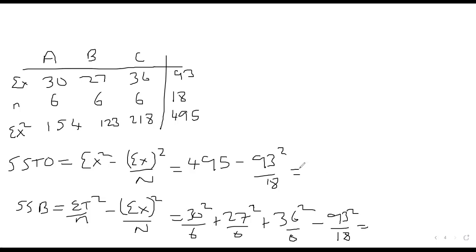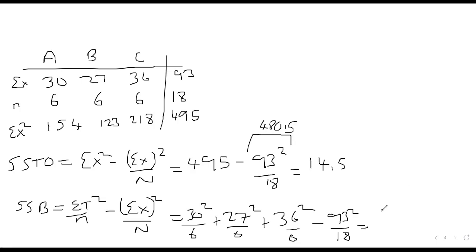So let's compute quickly. 495 minus 93 squared divided by 18, you find 14.5. All right. Then here, what are you getting? So 93 squared over 18 was a correction term, which was 480.5. So here let's do 30 squared plus 27 squared plus 36 squared divided by the common denominator, which is what? 6.